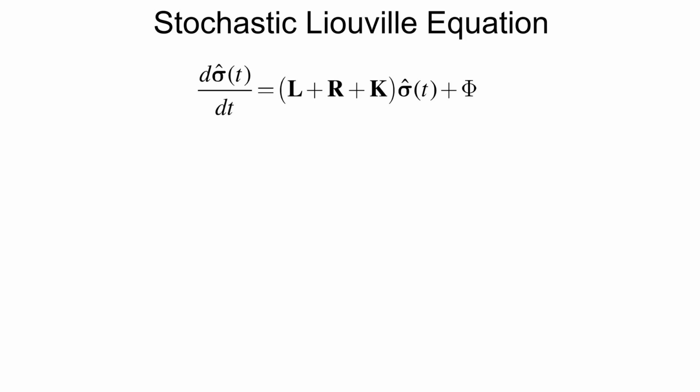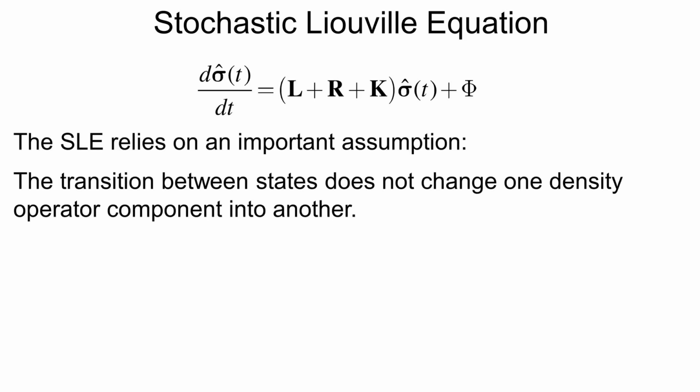And this equation and the Bloch-McConnell equations all depend on a very important assumption, an assumption that I haven't really said anything about until now. And that is that the transition between states doesn't change the element of the density operator that we're concerned with. So in the case of the Bloch-McConnell equations, a jump from state A to state B doesn't change X magnetization into Z magnetization.